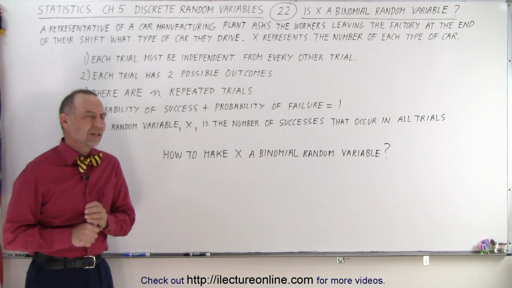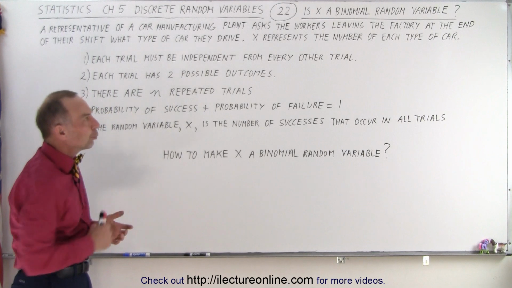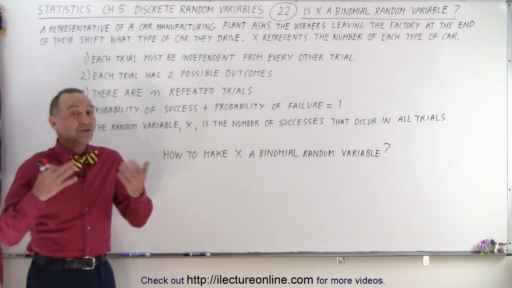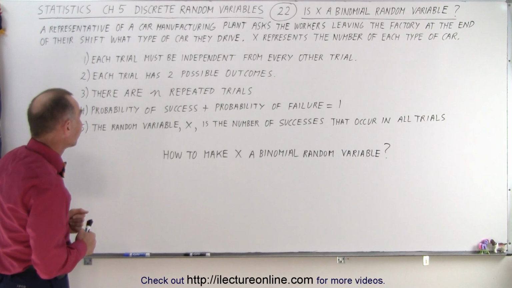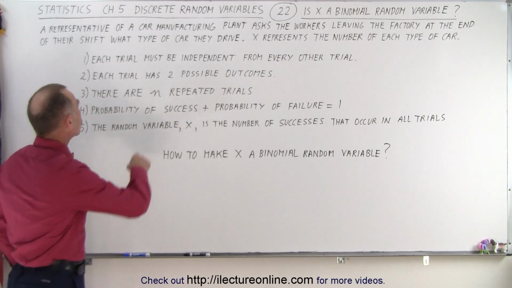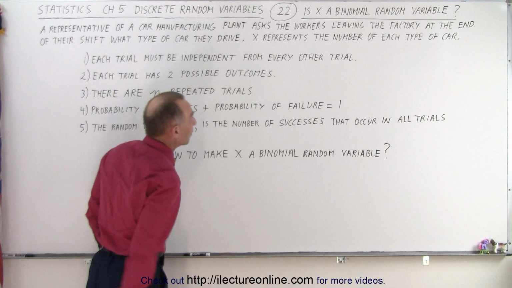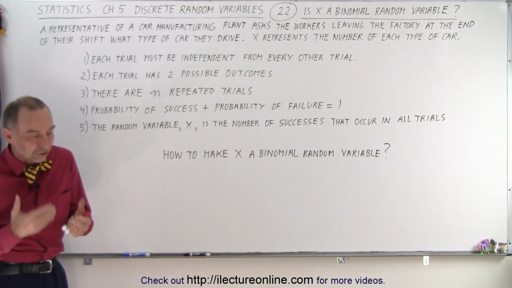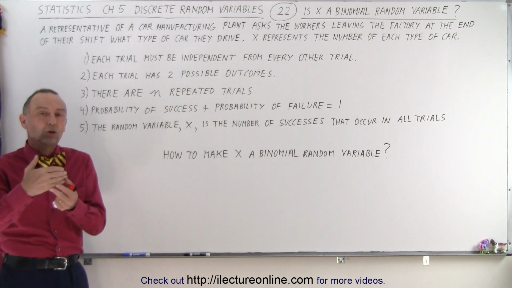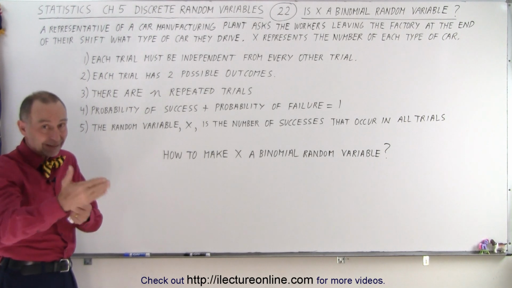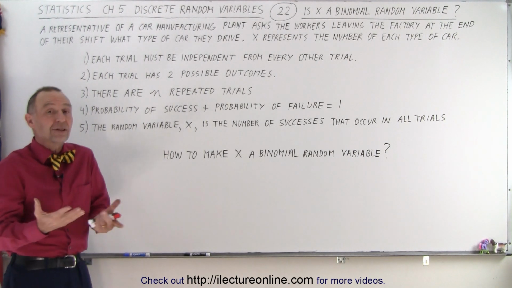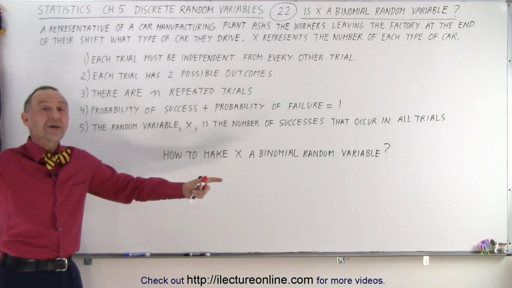So is X a binomial random variable? Well, for us to decide that, it needs to satisfy these 5 conditions. So first of all, each trial must be independent from every other trial. In this case, a trial is the question to one of the employees. If there's 10 employees, then we ask it 10 times. That's 10 trials. If it's 1,000 employees, we ask it 1,000 times.